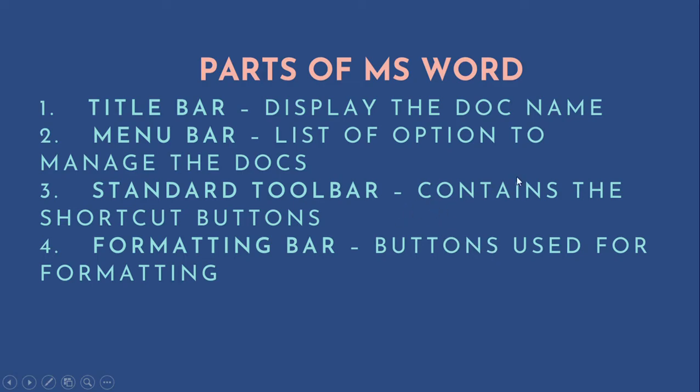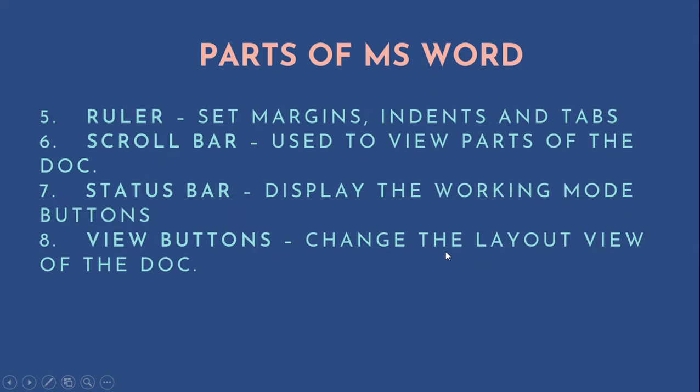We have the scroll bar used to view parts of the document, especially if you have multiple pages already. And we have the status bar, which displays the working mode buttons. It actually tells you how many pages you have and how many words you have written. So that is it. Most probably we can encounter those whenever we have the demonstration for the MS Word.